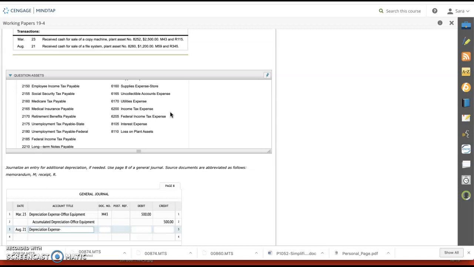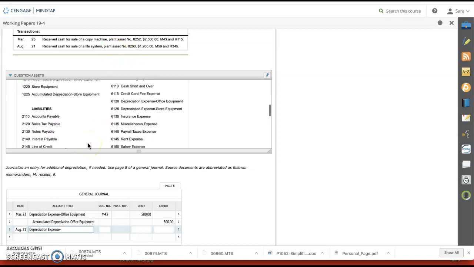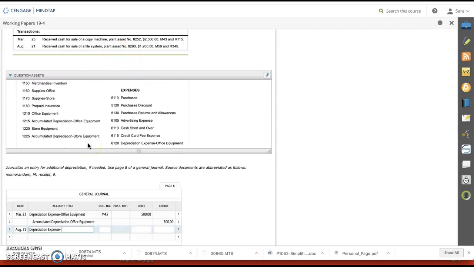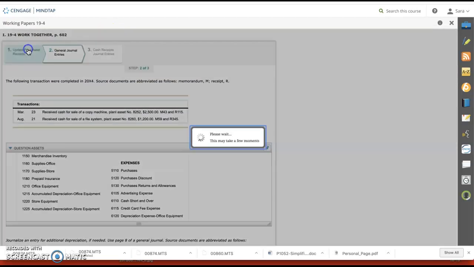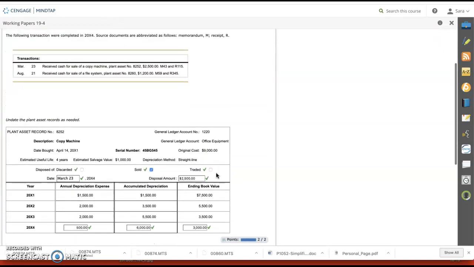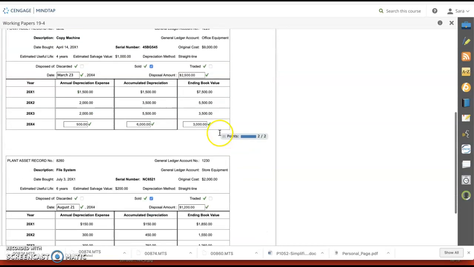Let's see, filing system. I guess we'll go with store equipment, office equipment. Back here and see how we categorized it, I guess. Okay, office equipment.